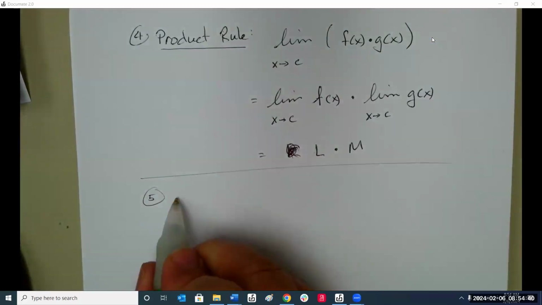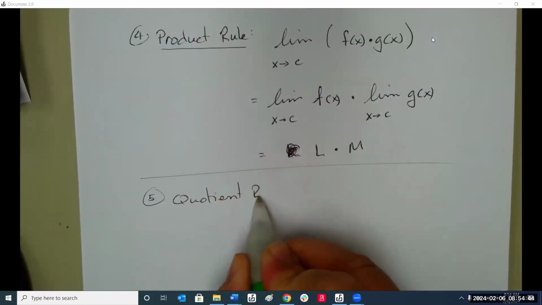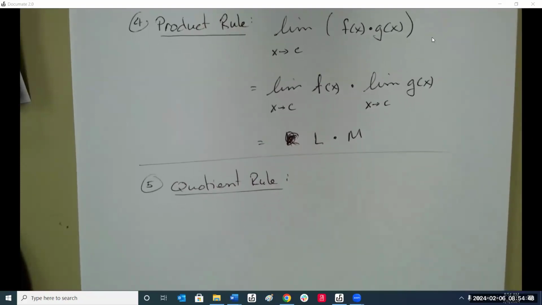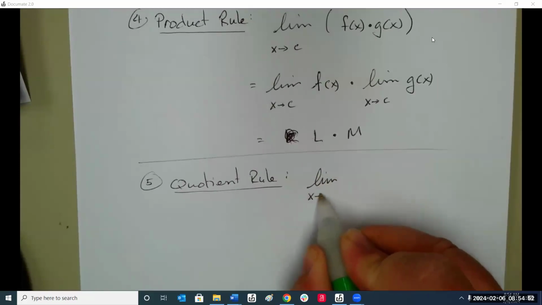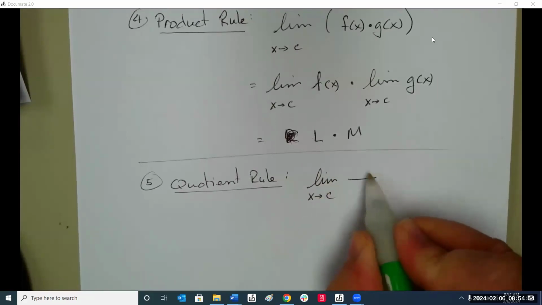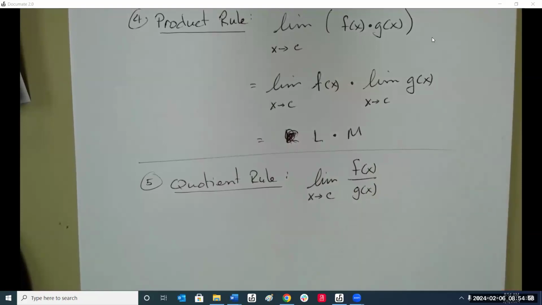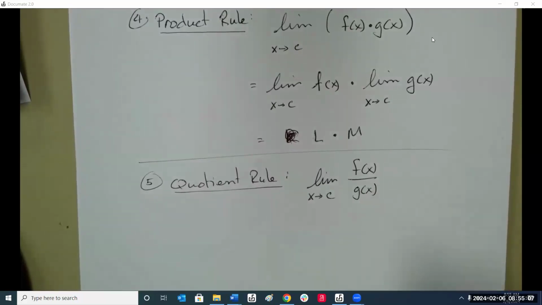The opposite of the product is the quotient. Quotients are fractions. So if I have the quotient of two individual functions, what has to be true here is g of x cannot be zero. Whenever you have a denominator, it can never be zero.